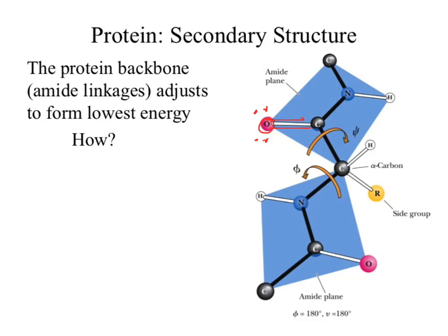So this could be a hydrogen bond acceptor. Okay. Well, if we look below in that structure, we have a hydrogen bound to a nitrogen. Nitrogen being more electronegative than hydrogen, that hydrogen becomes partially positive. With that oxygen being partially negative, what can potentially occur between those? Hydrogen bonding.